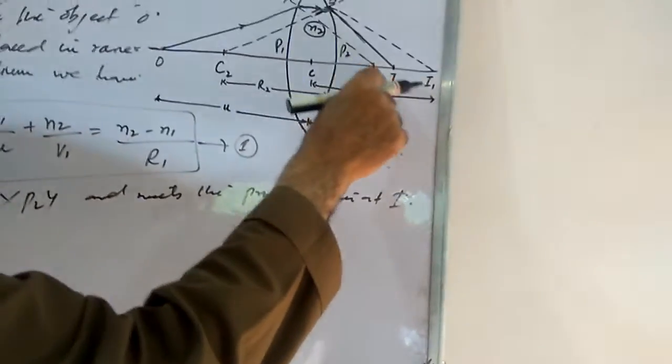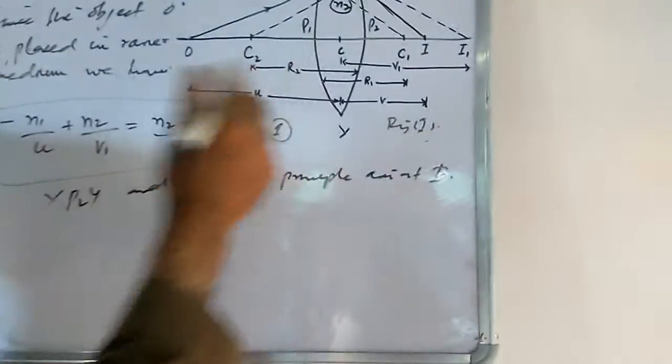Now there is a second case, that means the object is placed in a denser medium and the image is formed in a rarer medium.